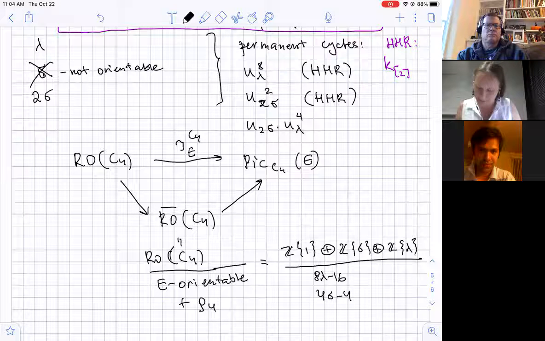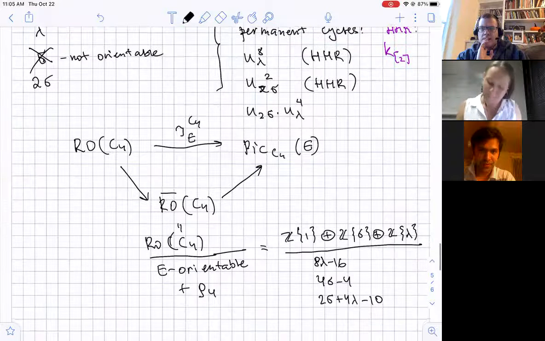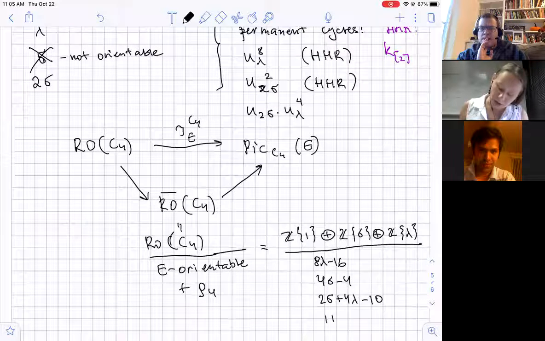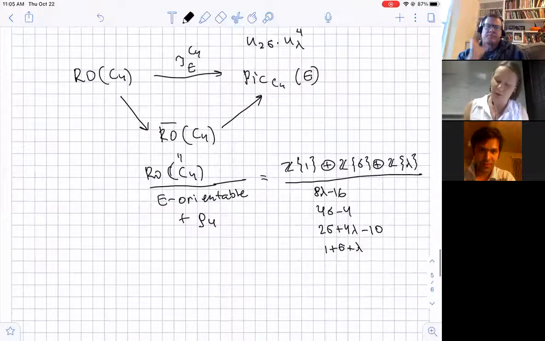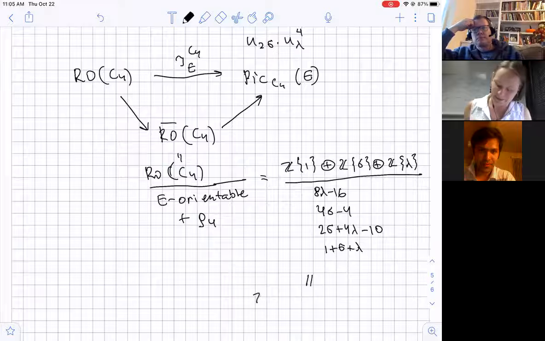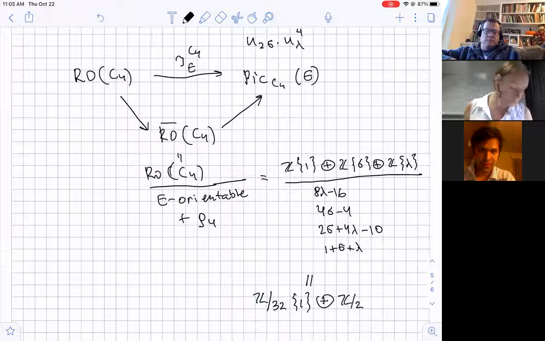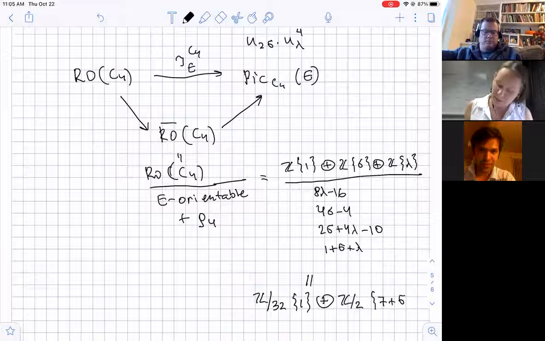The last one you have to compute. 2 sigma has dimension 2, lambda has dimension 4, so you get 10: 2 sigma plus 4 lambda minus 10. And then row 4 is 1 plus sigma plus lambda. You do some computation here, and you get Z mod 32 generated by 1, and Z mod 2 generated by 7 plus sigma.